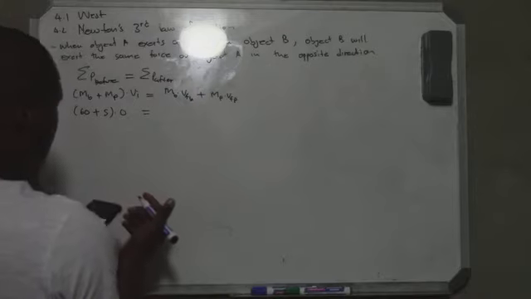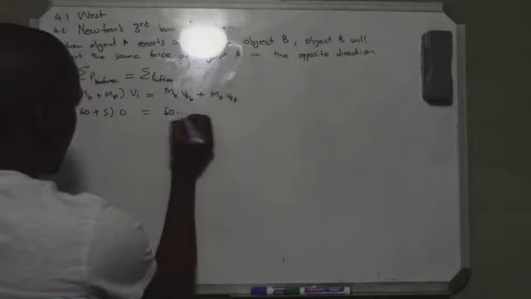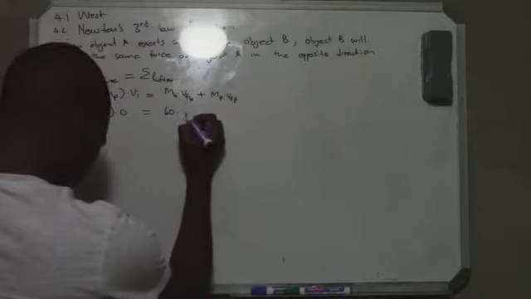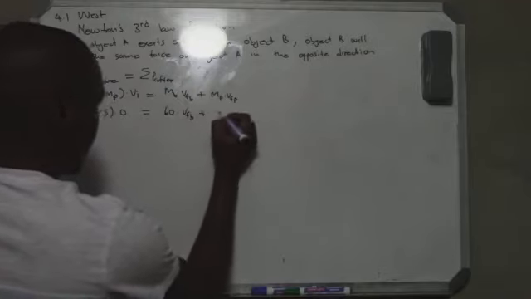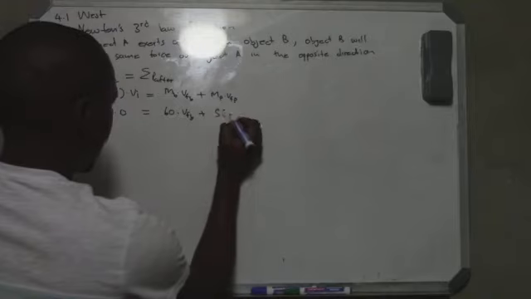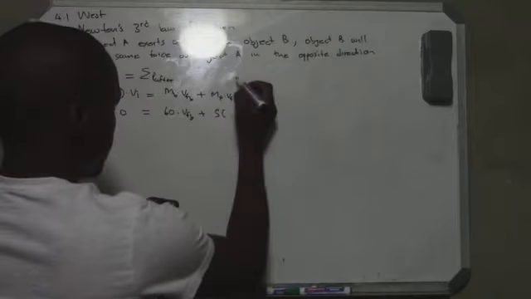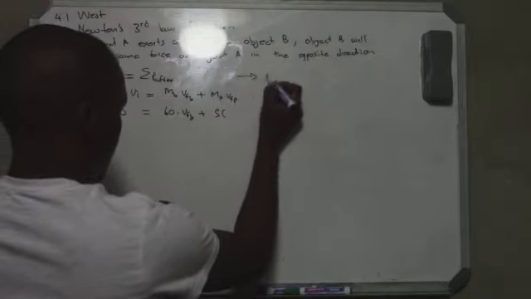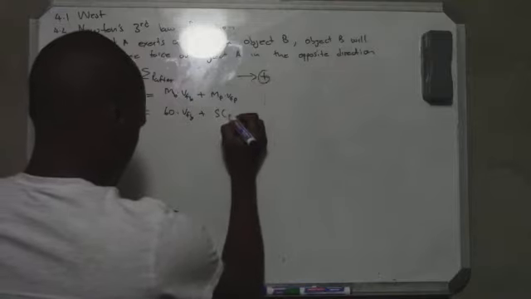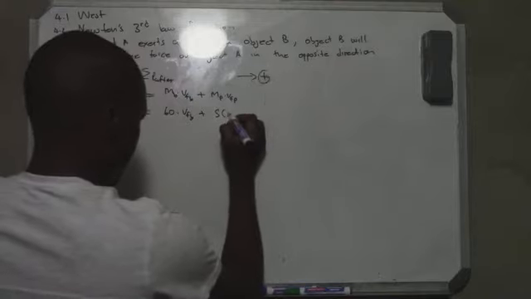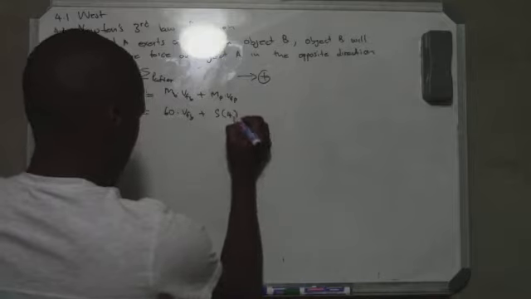The mass of the boy is still 60, and the final velocity of the boy is what we want to calculate. The mass of the package is still 5, and we'll assume east as positive, so the velocity of the package is 4 meters per second east, right?